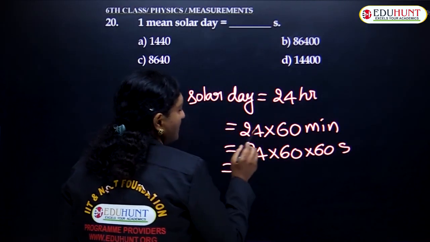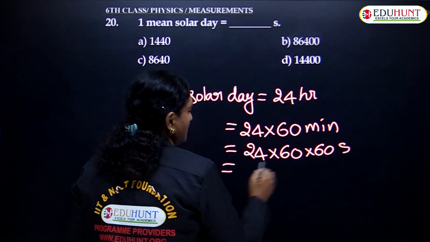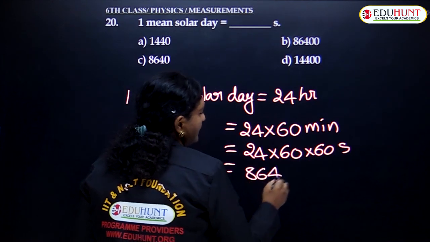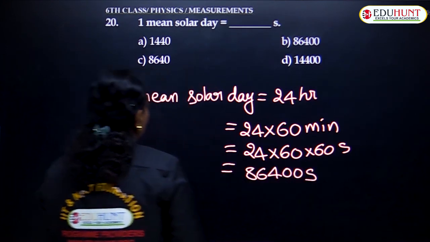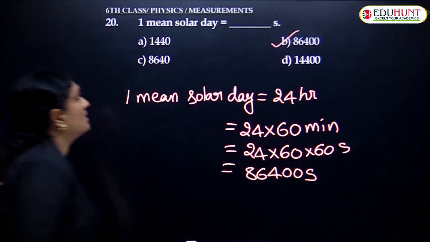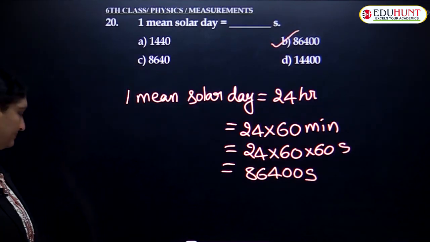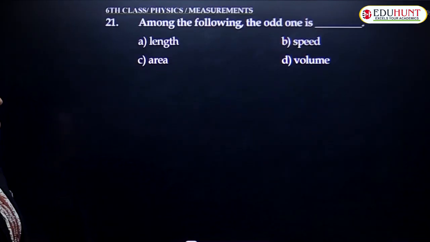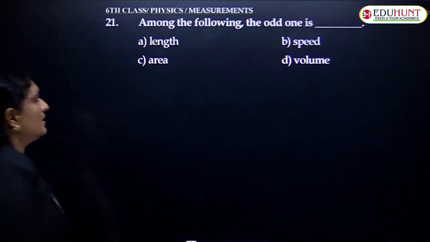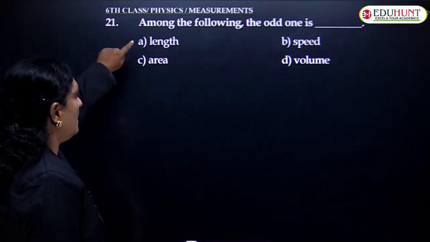Hence, if you multiply 24 into 60 into 60, you will get 86,400 seconds. Hence the correct answer is option number B. Next, among the following, the odd one is, if you observe, length is a basic unit.